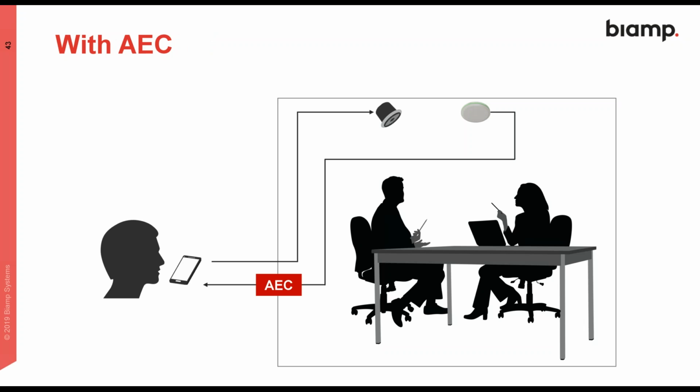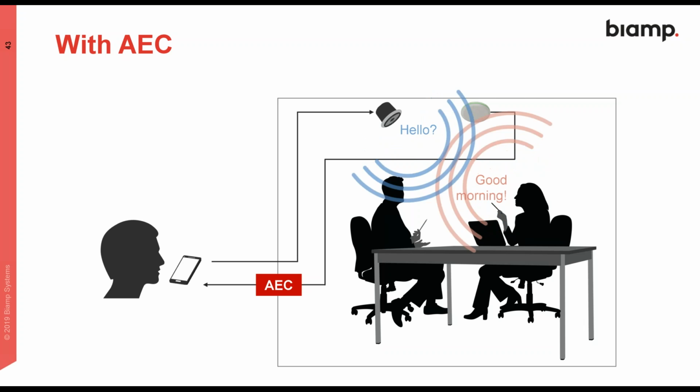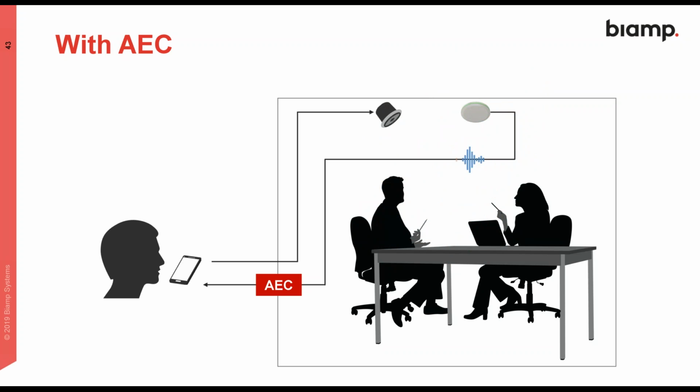So what does AEC mean? What does it do? When the far end says something, we reference the signal coming from the far end, and when the mic picks it up, the AEC processing basically kills it, it suppresses it, and only the signal coming from the conference room is being sent to the far end.